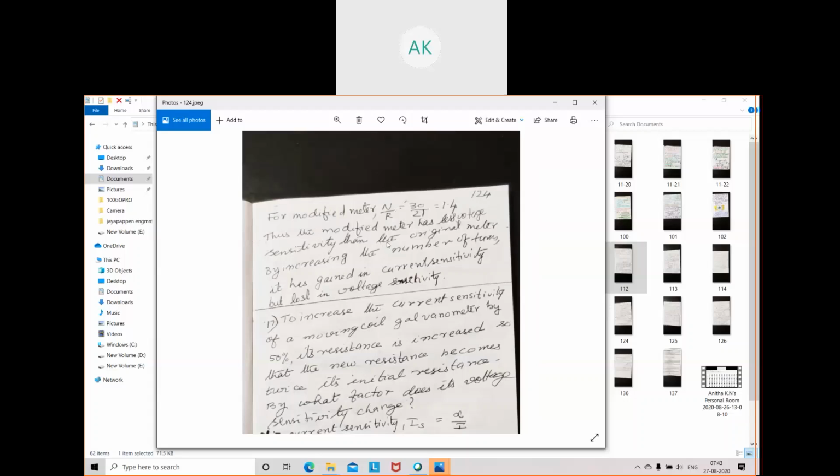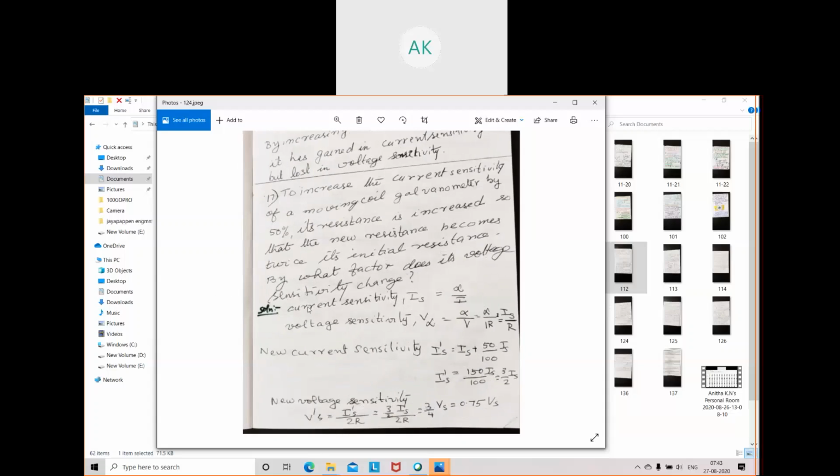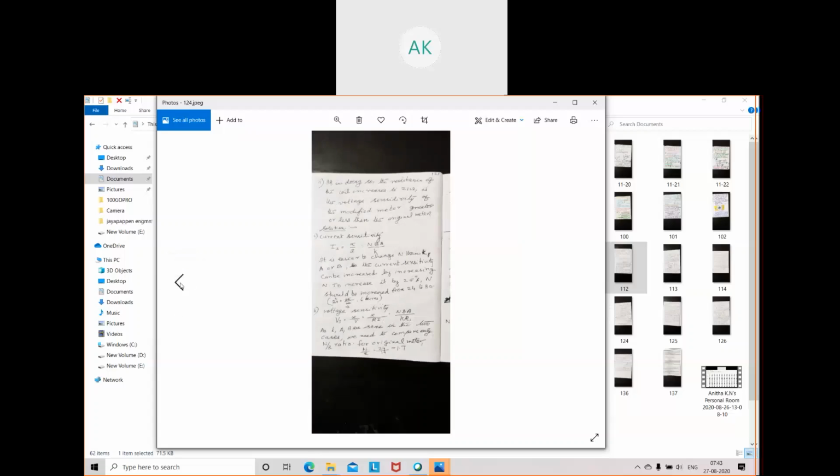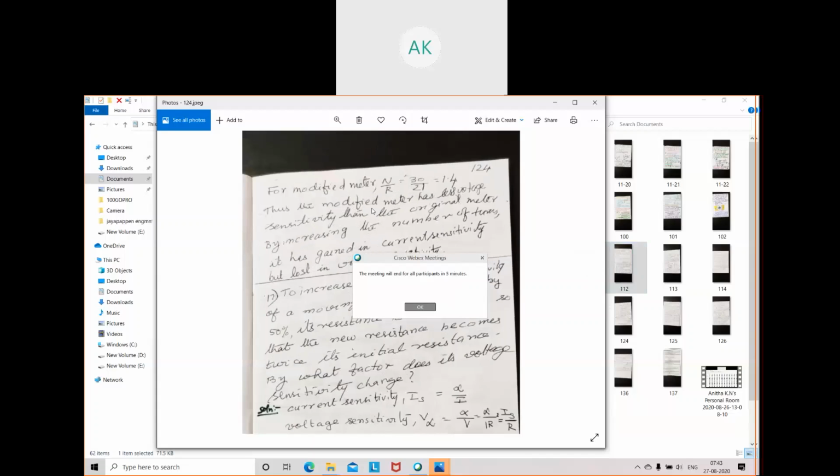Thus, the modified meter has less voltage sensitivity than the original meter. For the original meter we got 1.7, and for the modified meter 1.4.